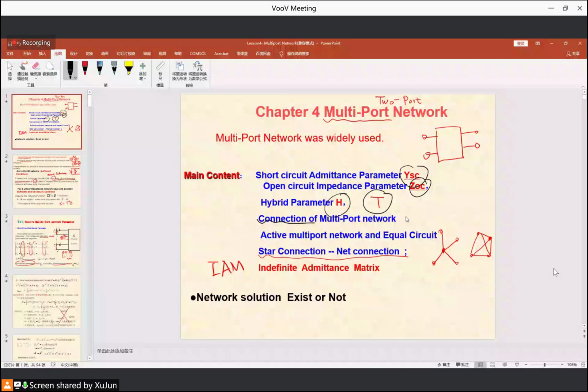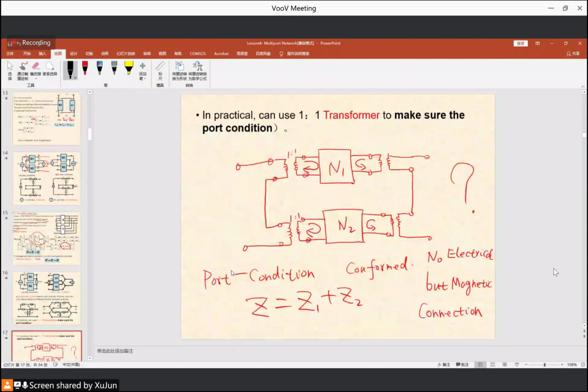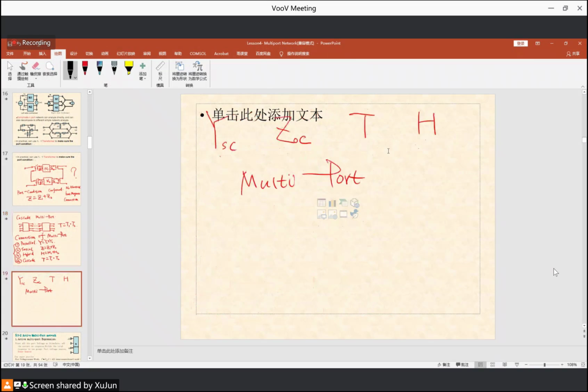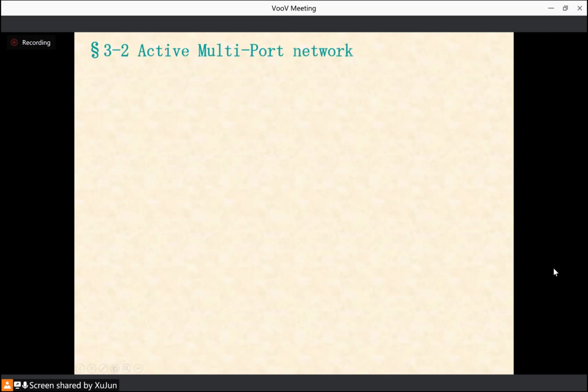We have four kinds of connection: the parallel, serial, hybrid, and the cascade. Cascade is also similar to the two-port network. And today we will introduce the active multi-port network. The active means the network contains the independent source.